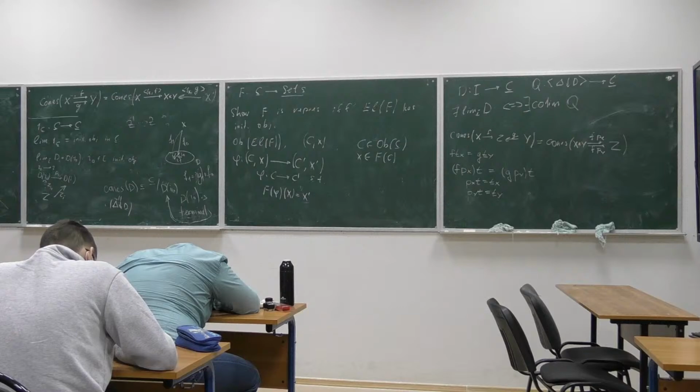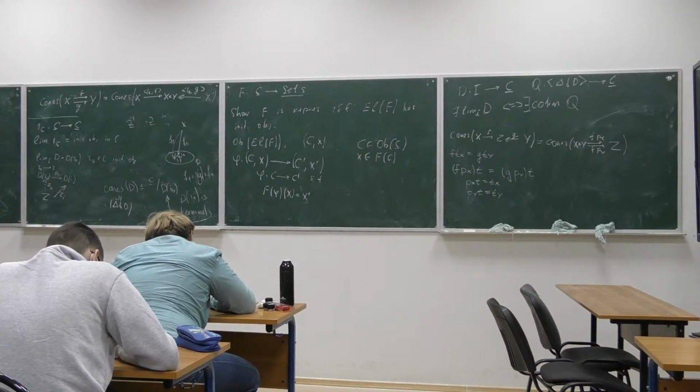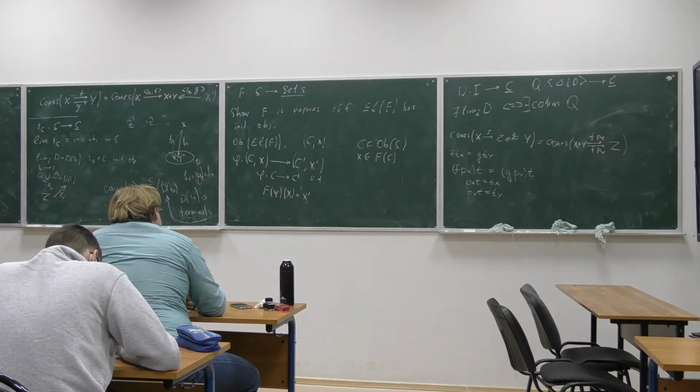By the way, this is also a comma category. So a functor is representable if and only if some category has an initial object.